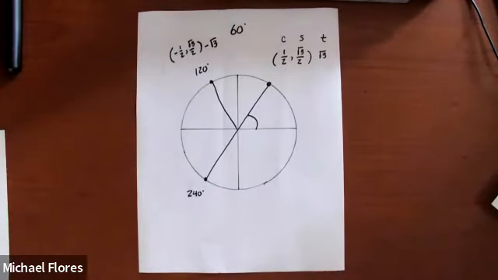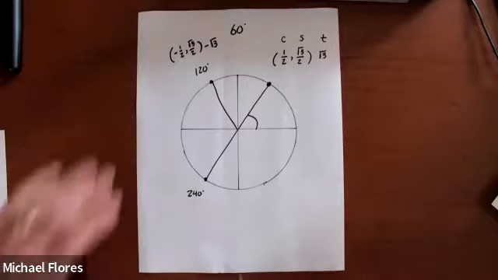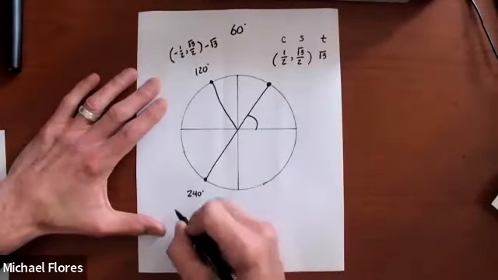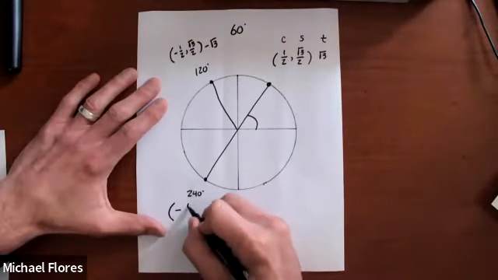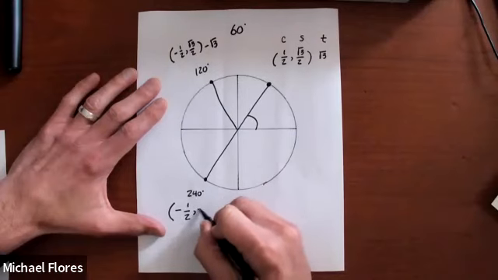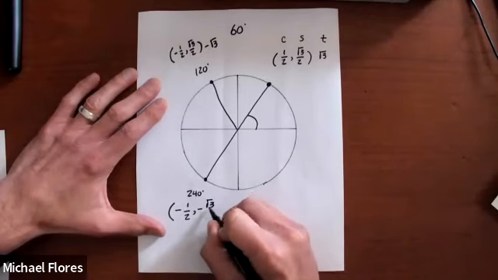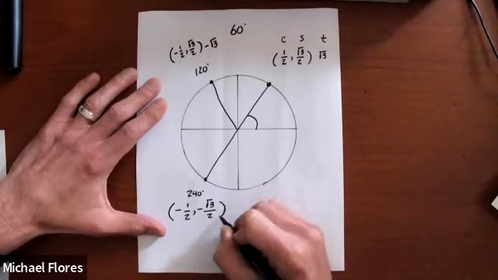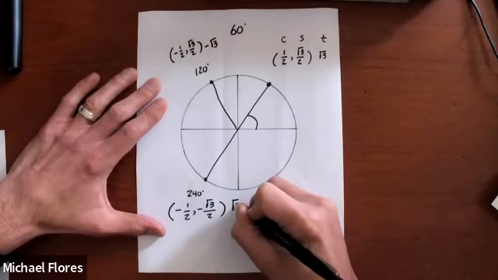A rotation of 240 degrees from the positive x-axis would create your next 60-degree reference angle, and that coordinate is -1/2, -√3/2 with a tangent of √3.